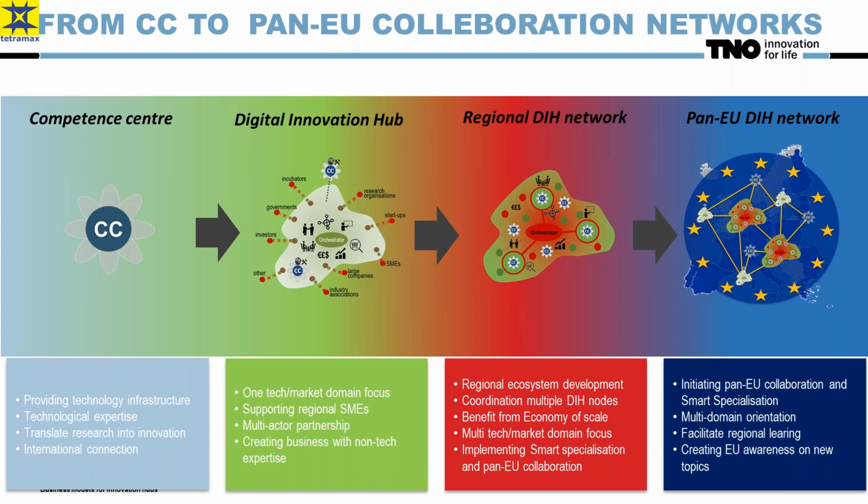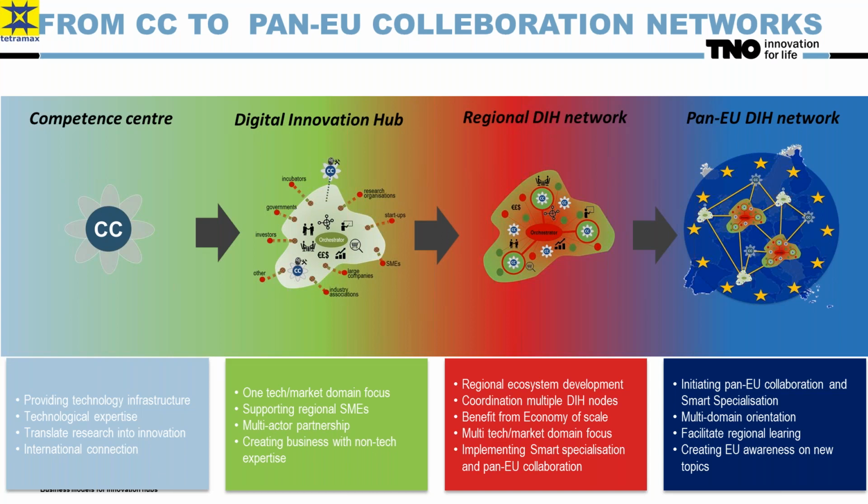So where a Digital Innovation Hub is focused on, let's say, robotics, or another one on artificial intelligence, or another one on materials, the regional Digital Innovation Hub network has a multiple focus, and aims at creating a vibrant ecosystem of companies and research in their region. And it creates the benefit of economy of scale between the different innovation hubs.